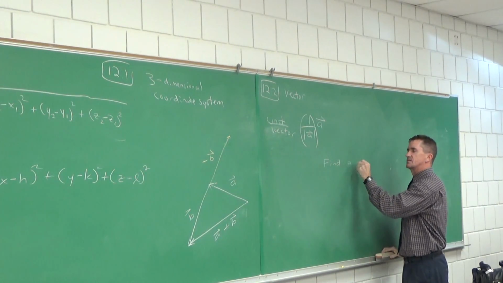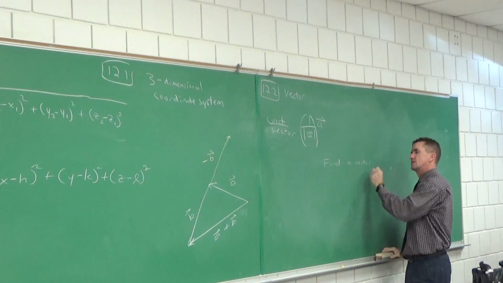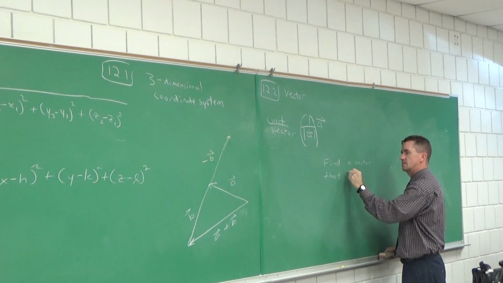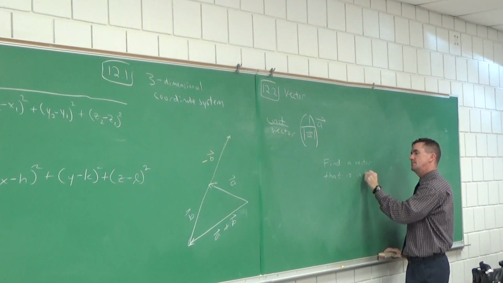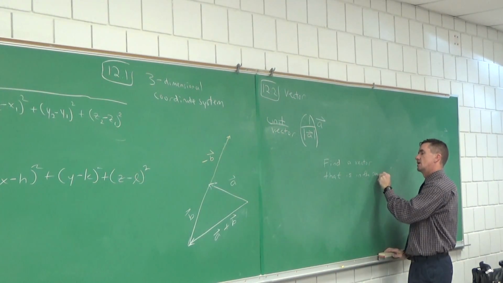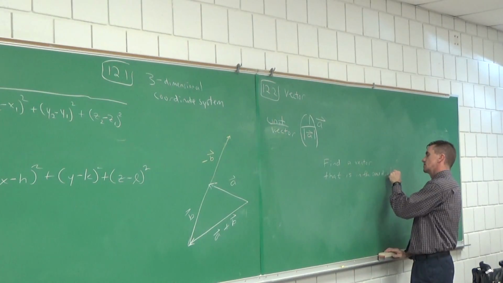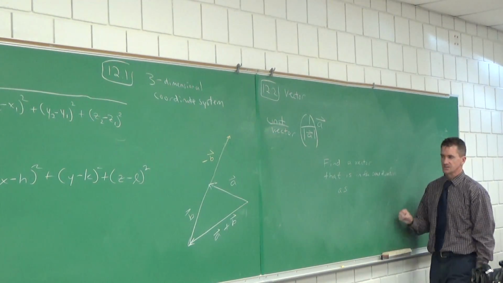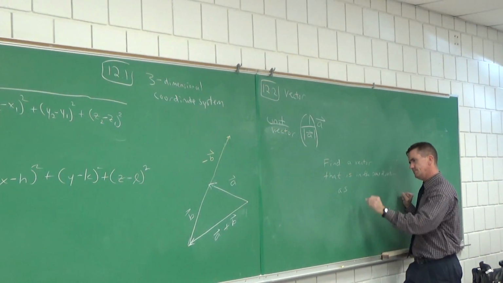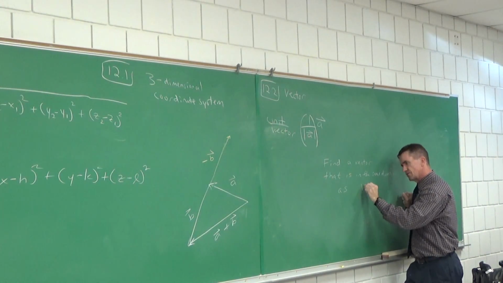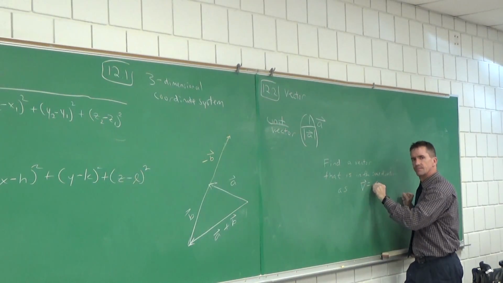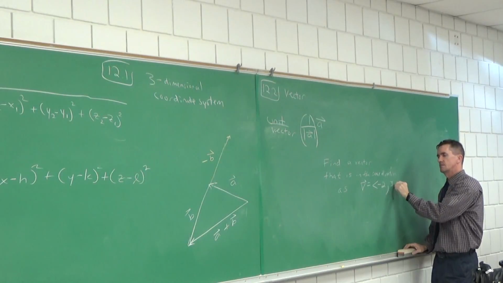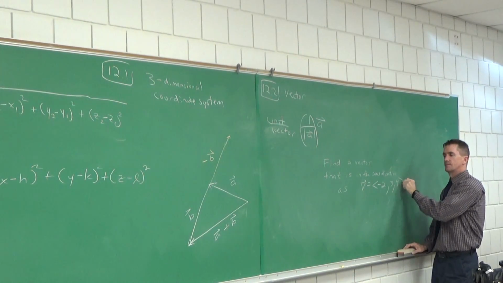I need you to find a vector that is in the same direction as, all right, here comes a three-dimensional vector, vector v, -2, 3, 4.